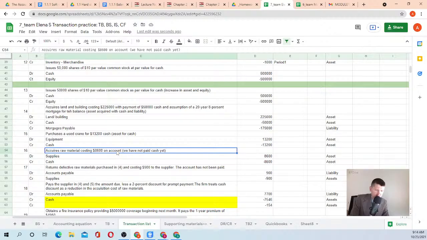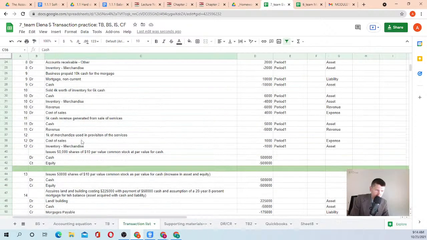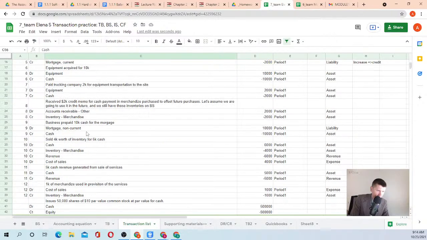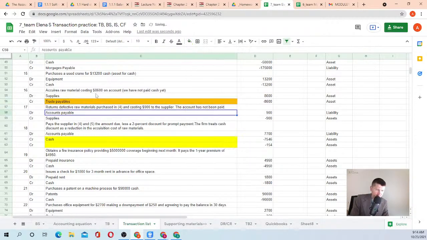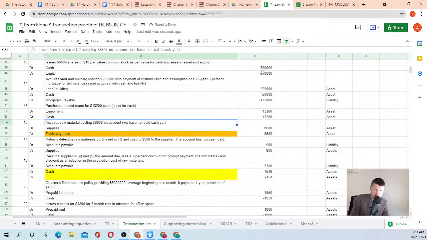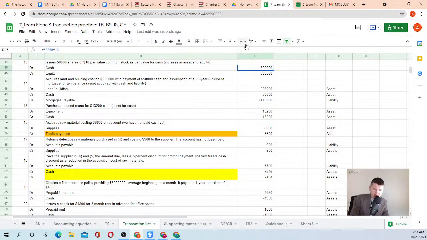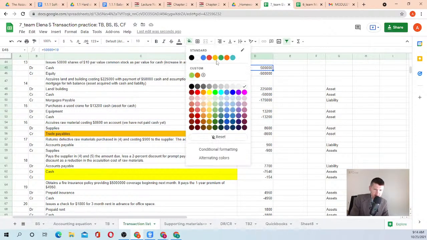And usually when we see on account, we need to use trade payable account. I will highlight it for Yelena so that she knows where I changed her file.